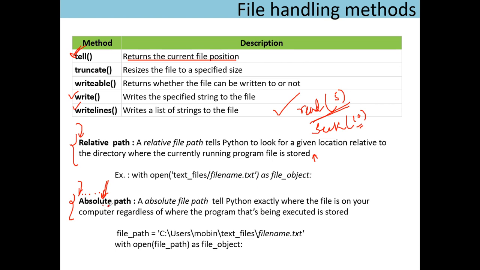So if it is 6 7 8 9 10, your file pointer will be moved to this position. Now if you perform a read operation, it will be performed from this location. So this is the thing that you can do with seek.